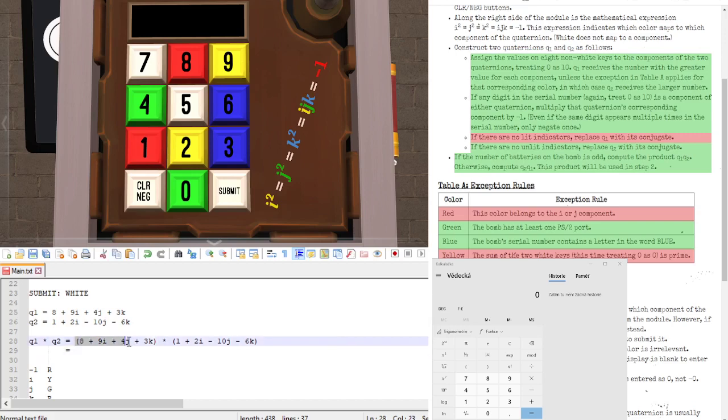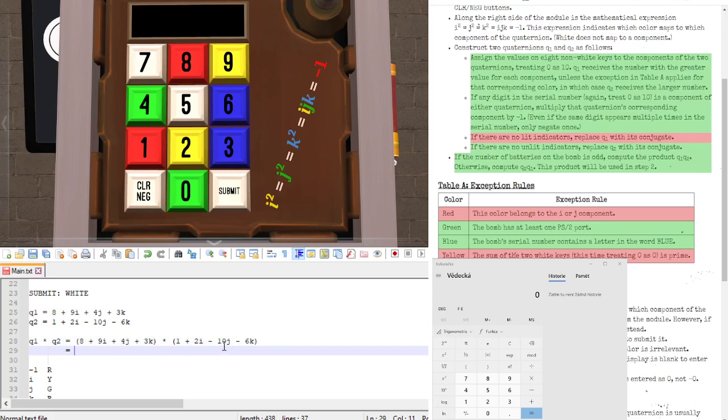So since we have 4 parts here and 4 parts here, we have to multiply every single one of these with every single one of these.